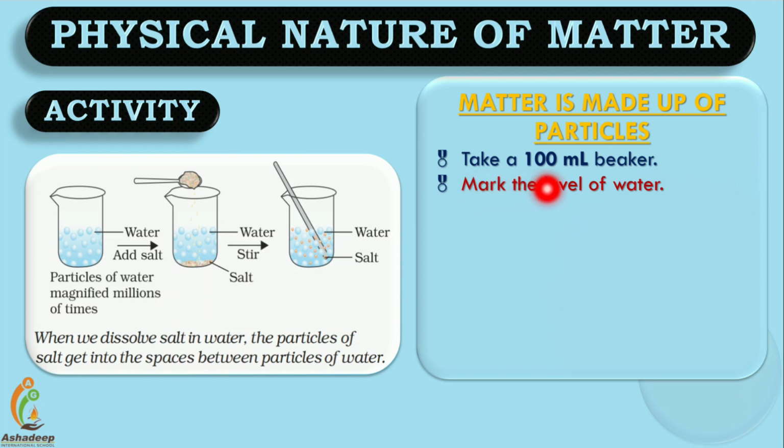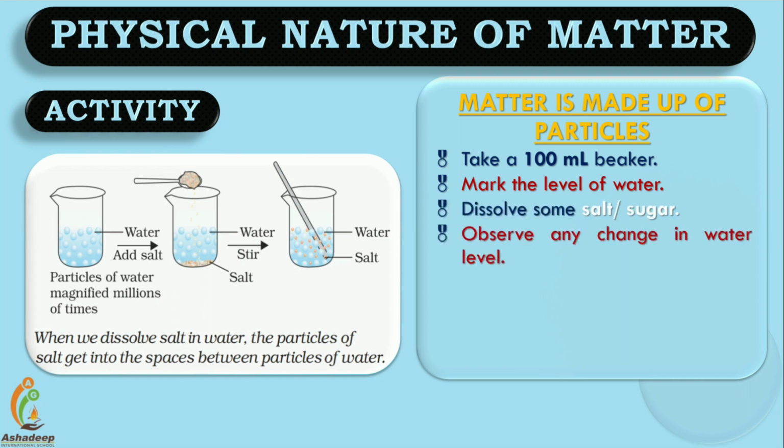Take a 100 ml beaker and mark the level of water. So here what we are going to do, we will take this type of beaker and mark a level of water after filling water in it. After that, dissolve some salt or sugar in that beaker and observe any change in water level.